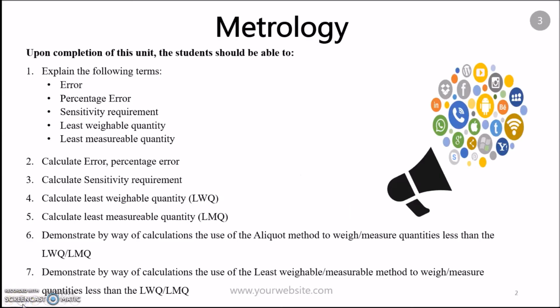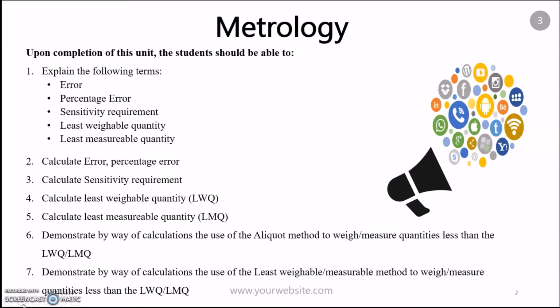So the objectives for this lesson are, we're going to explain a couple of terms such as error, percentage error, least weighable quantity, etc. We're going to learn how to calculate error. We also are going to do calculations as it relates to sensitivity requirements, how to calculate least weighable quantity, least measurable quantity.